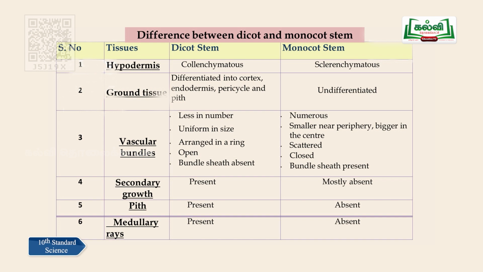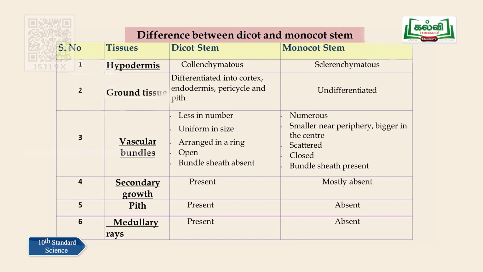Now, at the third level, we take the vascular bundle. The vascular bundles in dicot stem are very few compared to monocot stem, and they are uniform in size and arranged in a ring like pattern.